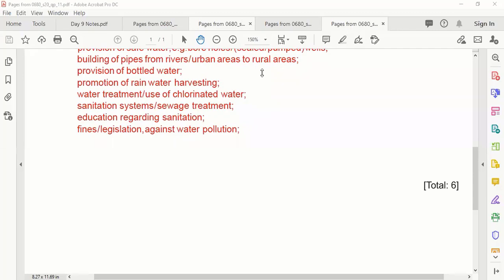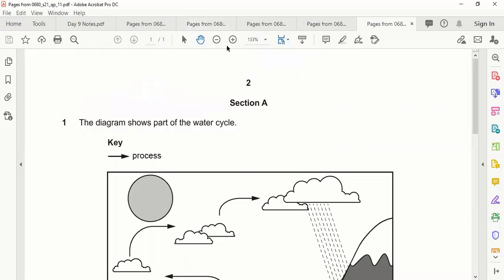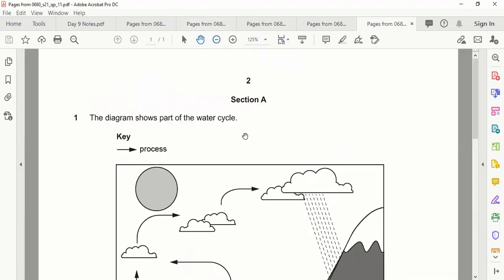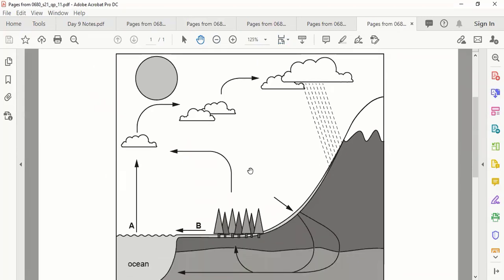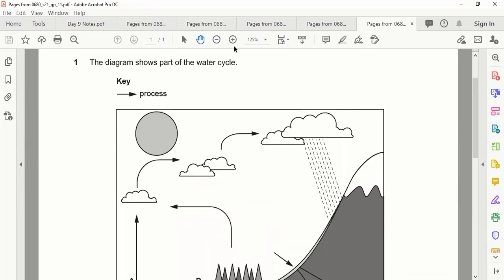Now the last but not the least, Rahaf. Yes, Rahaf, you are with us? Yes, sir. Okay, Rahaf, there is a question for you. Which cycle is this? Water cycle. Mashallah, good.